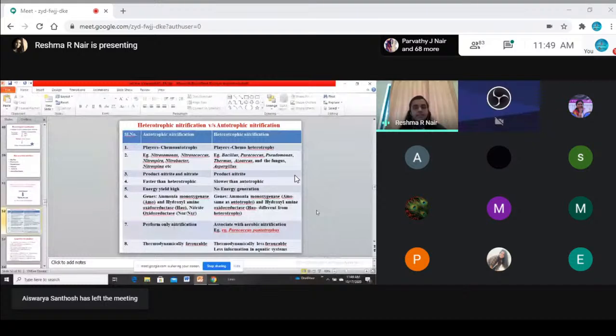NO2 is converted to NO, nitric oxide. NO is then converted to N2O, nitrous oxide. This N2O is finally converted to nitrogen. In this way, the ammonia released in the system is finally converted into dinitrogen gas, and we can completely remove the toxic metabolite from the system.